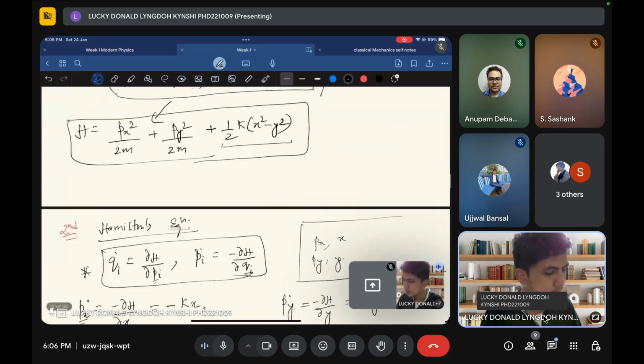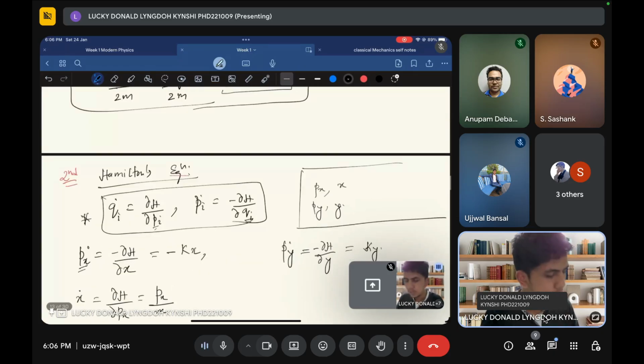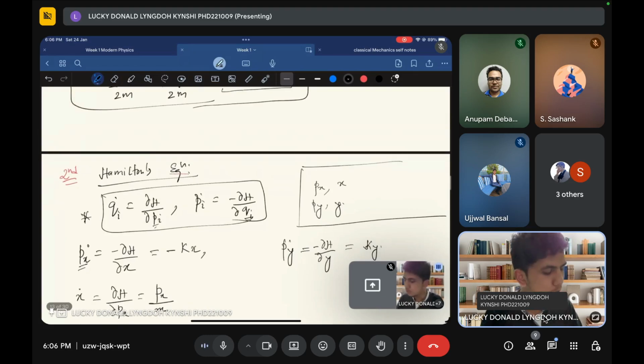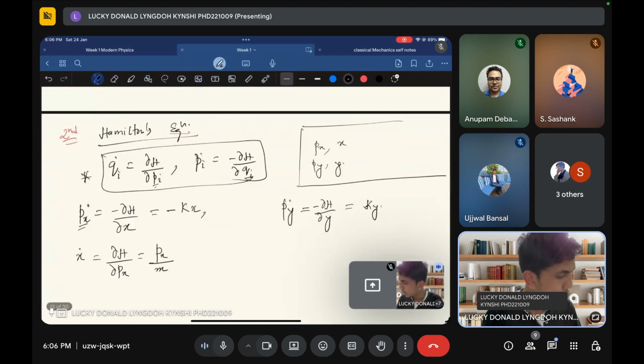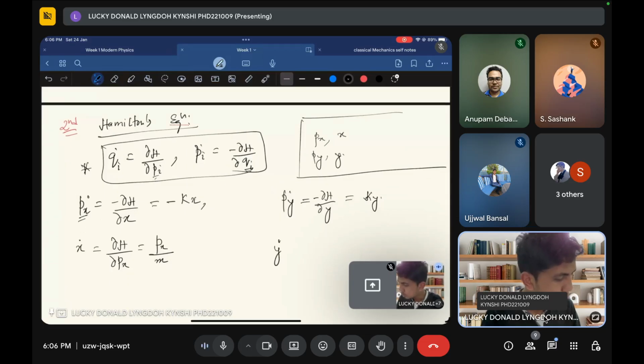Because this negative sign is there in the Hamilton's equation, the negative signs will get cancelled, so we get py dot is simply ky. And now what happens to y dot? Y dot is equal to del H by del py, which is simply py by m.